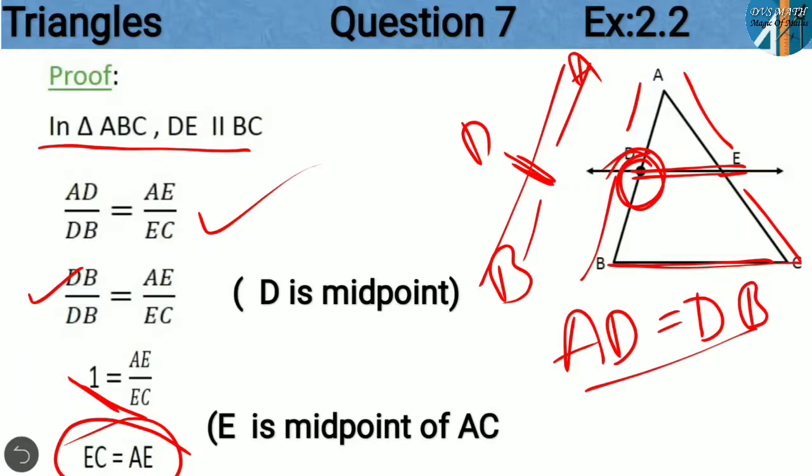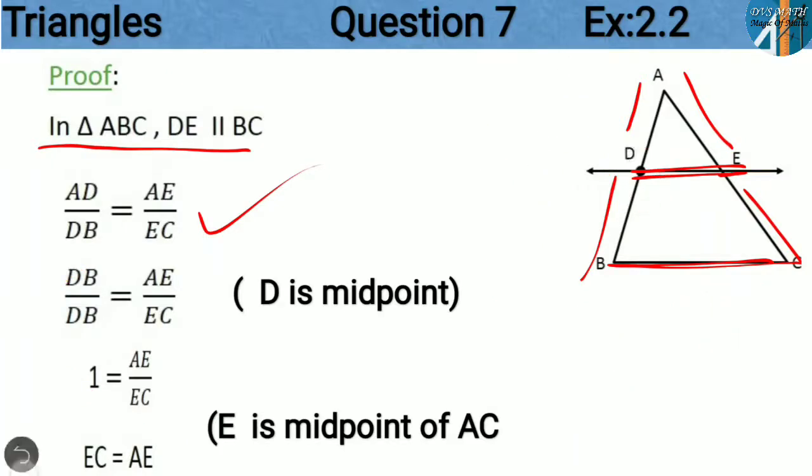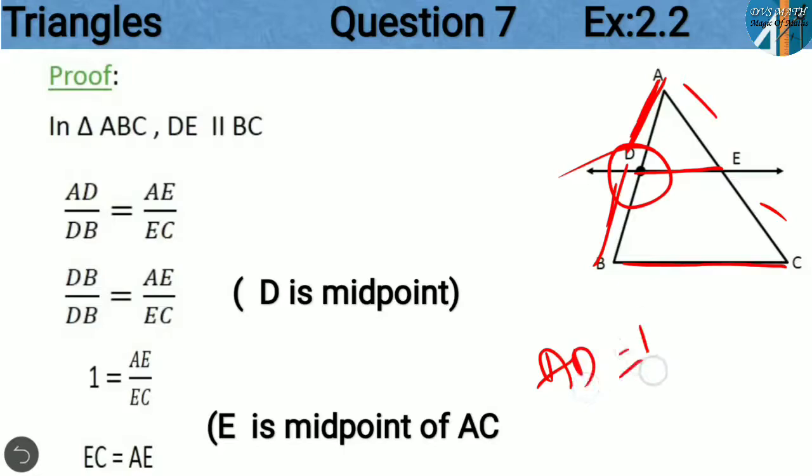So what is the first step? First you take DE parallel to BC, then you apply BPT, that is AD by DB is equal to AE by EC. But if D is the midpoint, AD equals DB, so in the place of AD substitute DB.